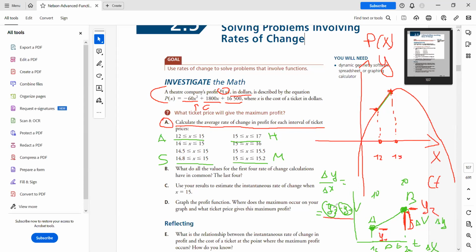And for the denominator, we take x2 minus x1, the change in x value. Here, x1 was 1 second, x2 is 2 seconds. So delta x, this interval, equals 1 second. Do you agree with me? So this is what an average rate of change function is.